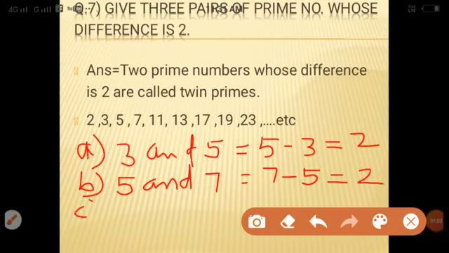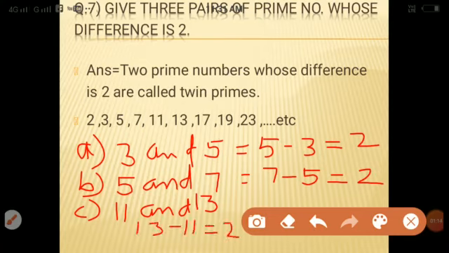And the third pair is 11 and 13, that is 13 minus 11 is equal to 2. These are the pairs of prime numbers whose difference is 2.